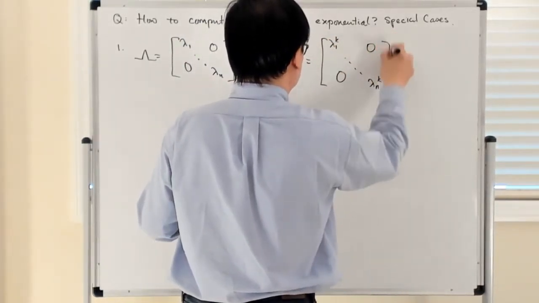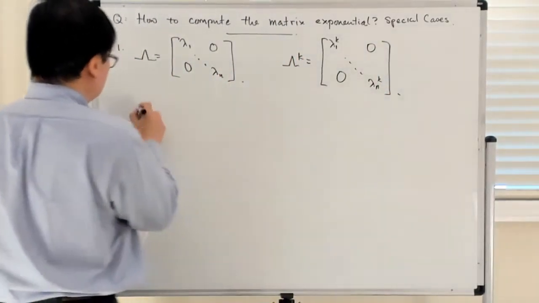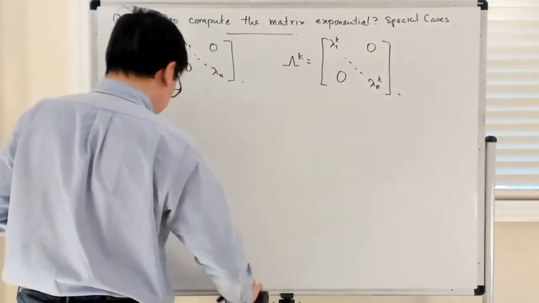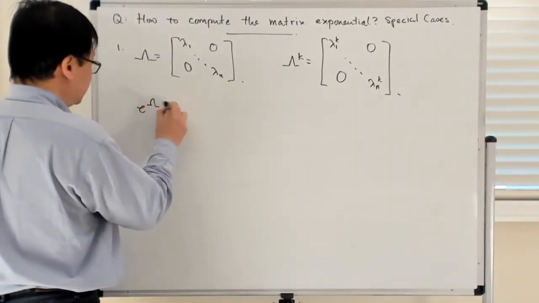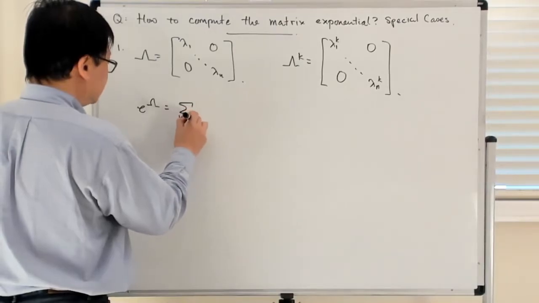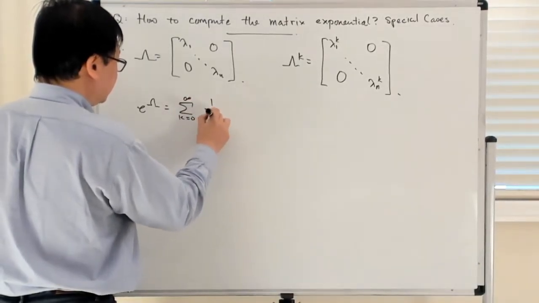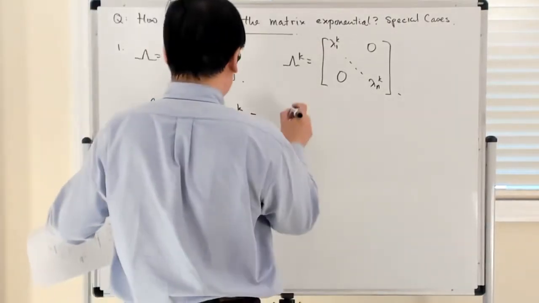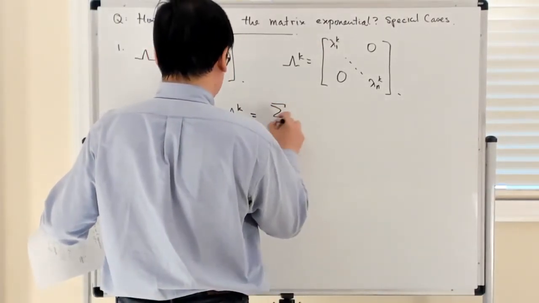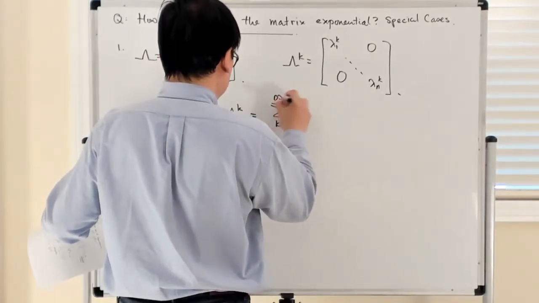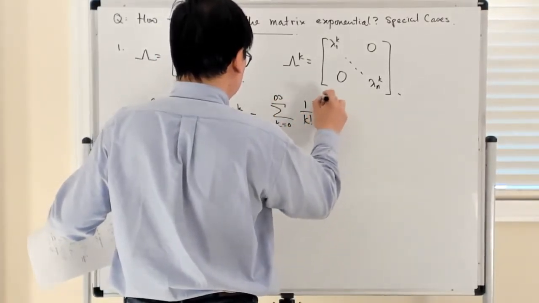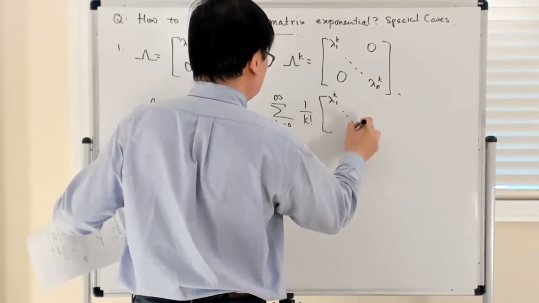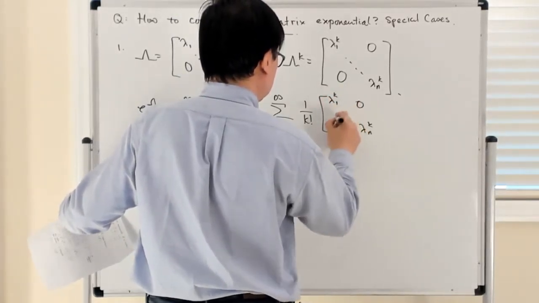And then you have this. So e to the lambda, which is just defined as the sum from k equals 0 to infinity of 1 over k factorial lambda to the k, is going to be the sum from k equals 0 to infinity of 1 over k factorial times the matrix with lambda 1 to the k through lambda n to the k.